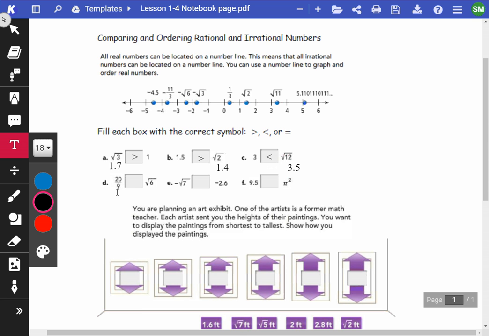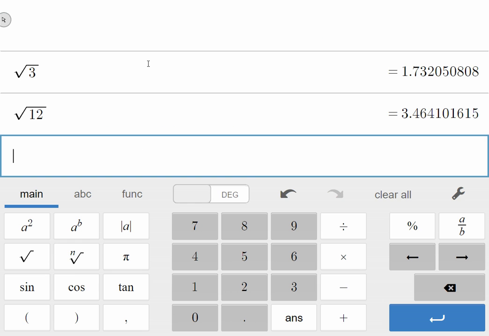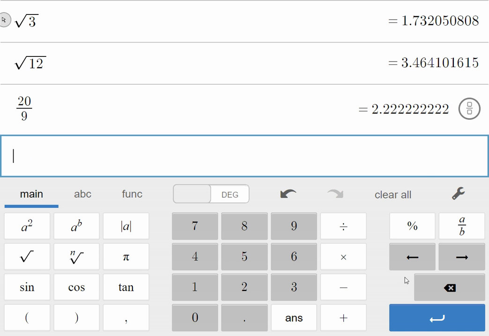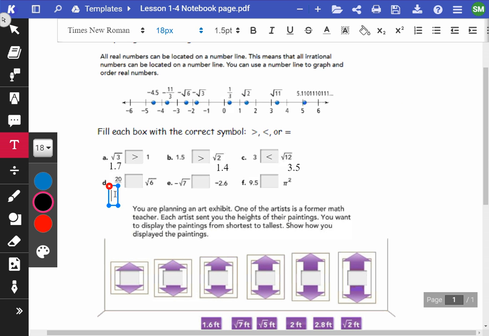Okay, 20 over 9. That one I've got to put as a decimal too. So I'm going to do 20 divided by 9. That's 2.2 repeated, so I'm going to type that down here, 2.22222.